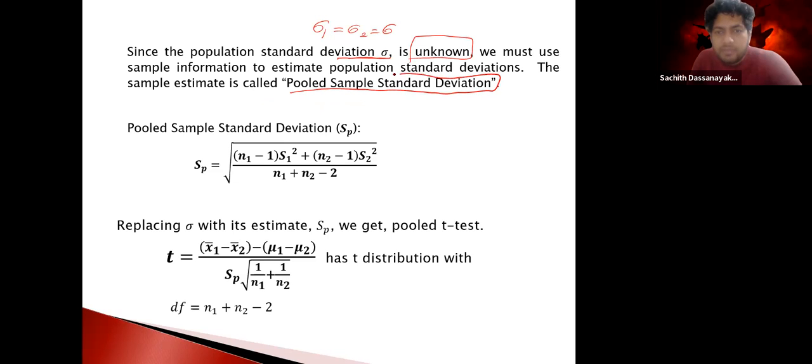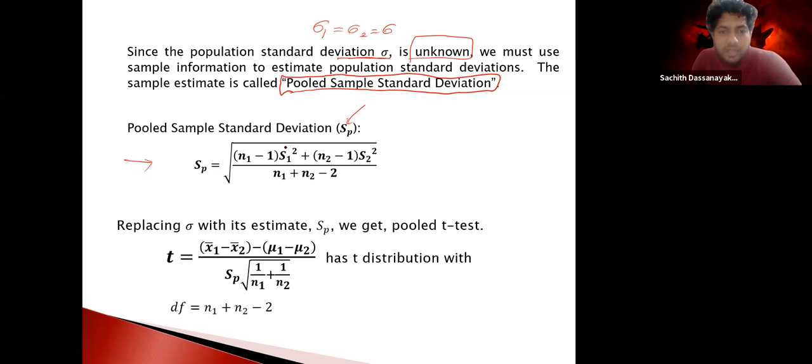To find this sigma, we use a procedure we call the pooled sample standard deviation, denoted by Sp. This is a standard deviation based on samples, that's why we denote it by S, and subscript P means pooled.